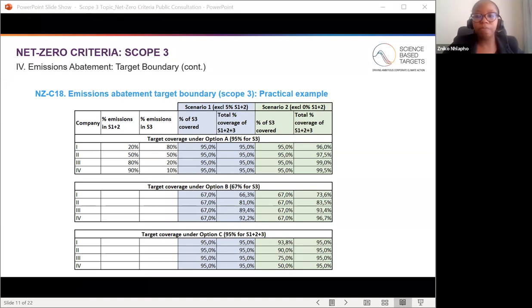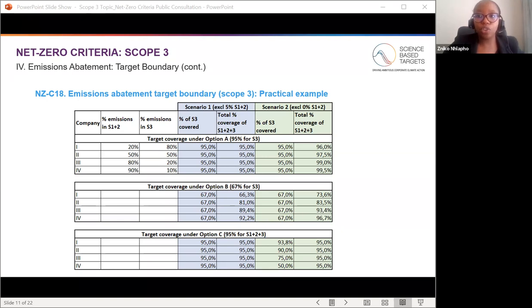Companies I to IV vary in their relative proportion of emissions in scope 3. Company I, for example, has 80%, whereas company IV has a proportion of 10% scope 3 emissions.